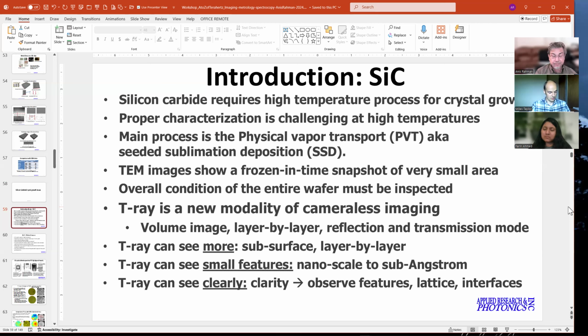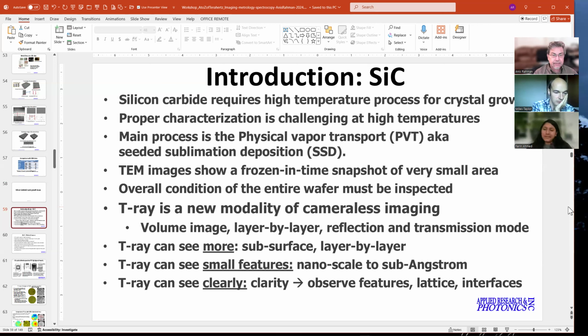But still its growth and production is low. So the question is, can they produce longer boules like silicon? Not yet. And the question is why. We try to understand that.